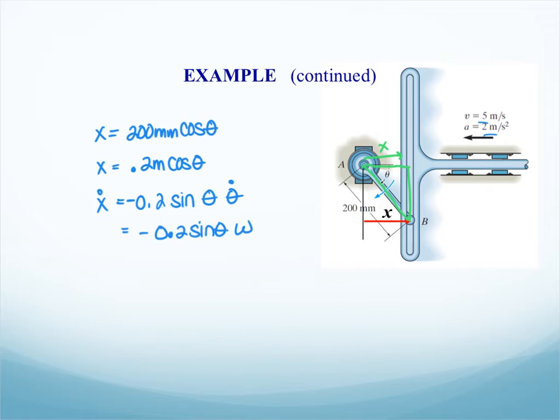Now, for our expression for x double dot, we're going to have to use the product rule as well as the chain rule. So that's our first term.